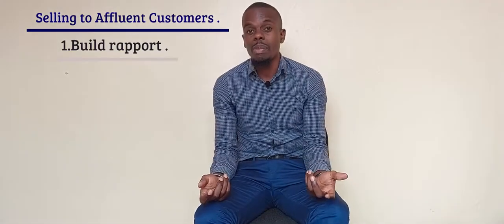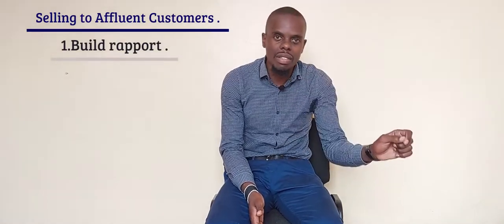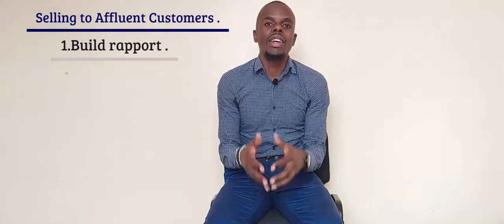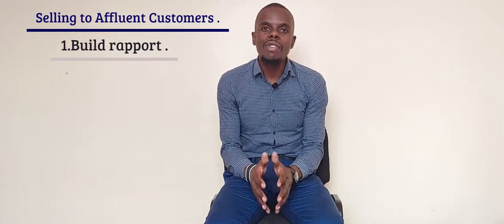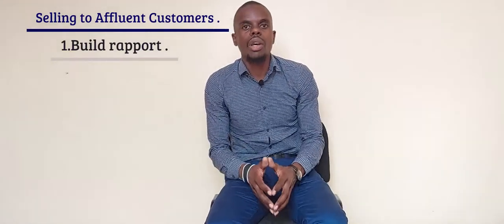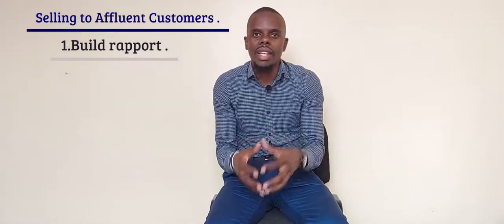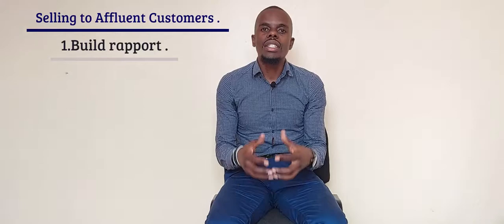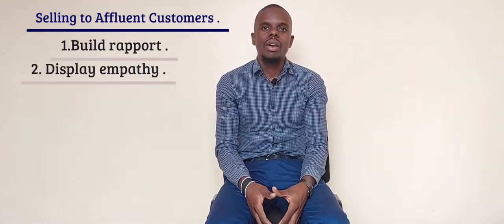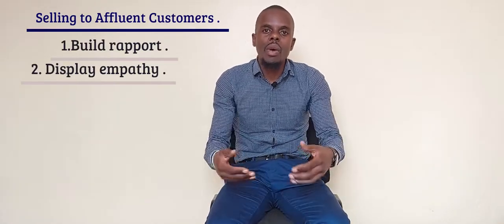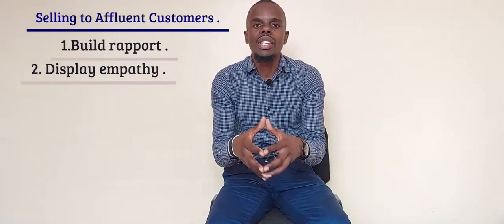As salespeople, if we find affluent customers who have received positive feedback, we celebrate because the closing process is made easier. But when we meet affluent customers who were given negative information about our product, number one, we need to listen to the issue they are raising. Number two, we need to display empathy and explain how our product works. And if there were any changes, capitalize on those changes to make sure that you close the sale with this type of customer.